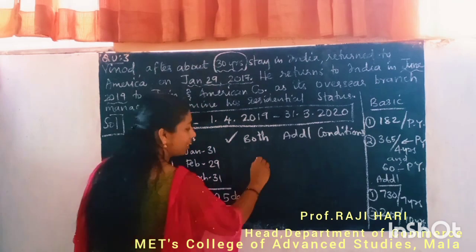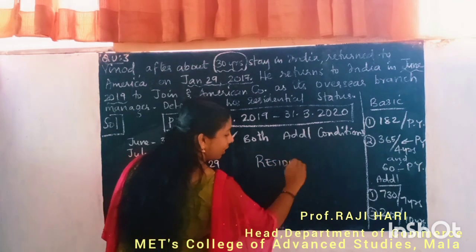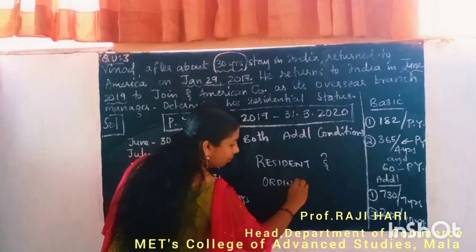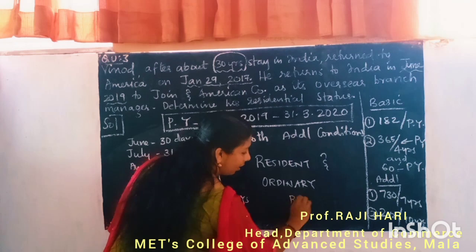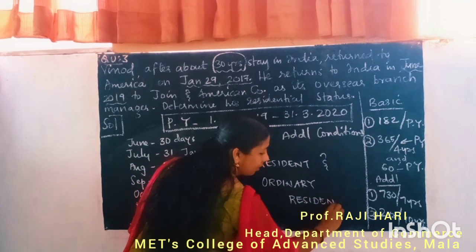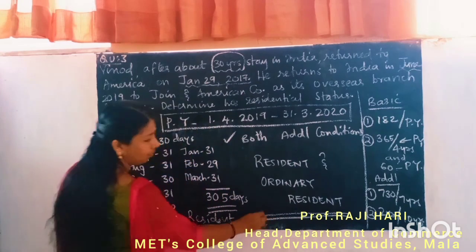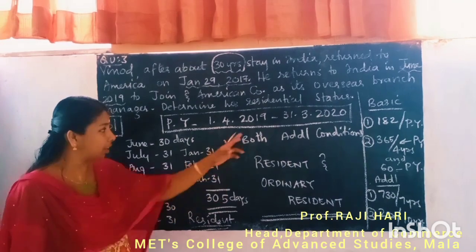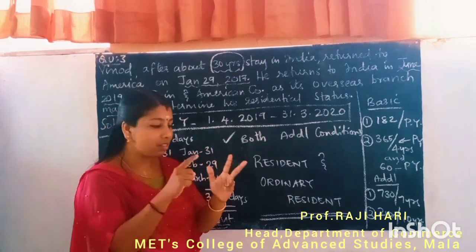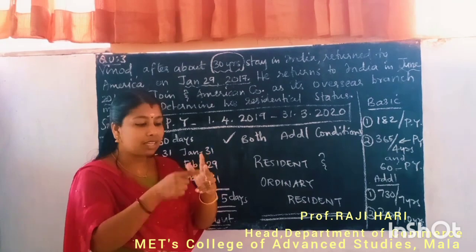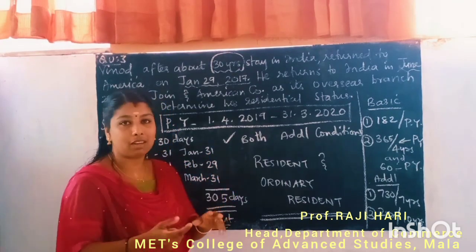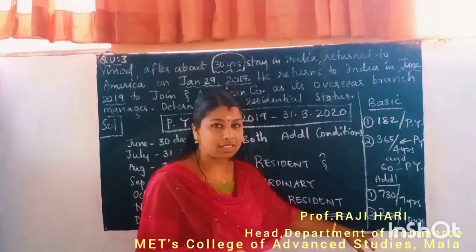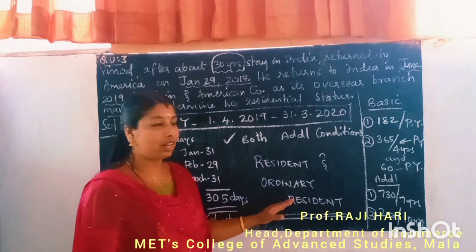So his residential status is resident and ordinary resident. The 7 years before 2019-20 means 2018, 2017, 2016 back to 2010. All these years he was completely in India. So he satisfies both of the additional conditions. He is resident and ordinary resident.